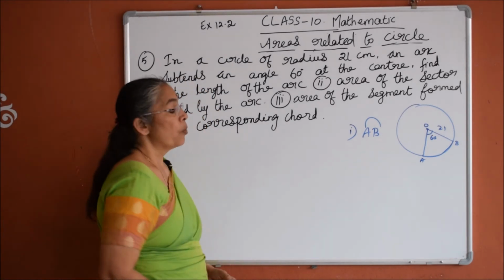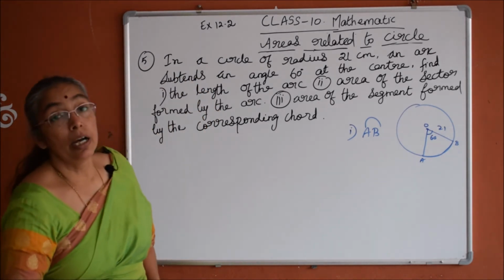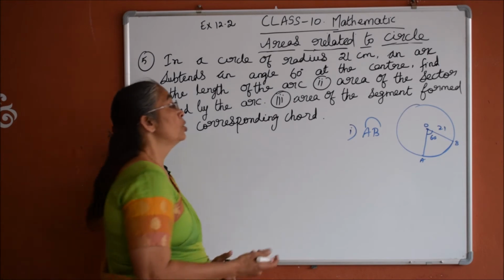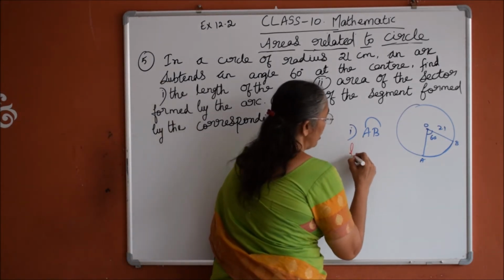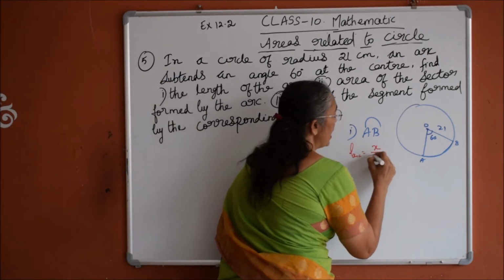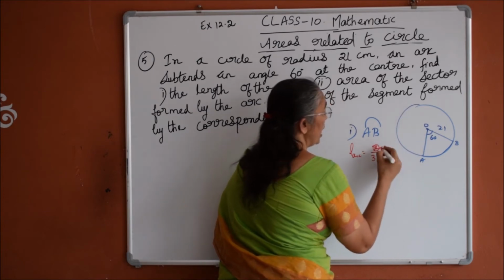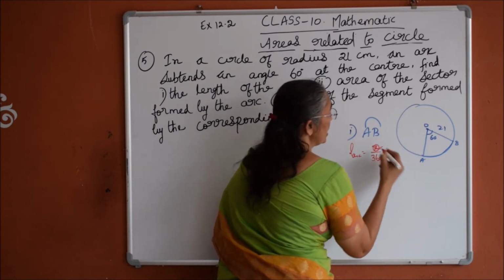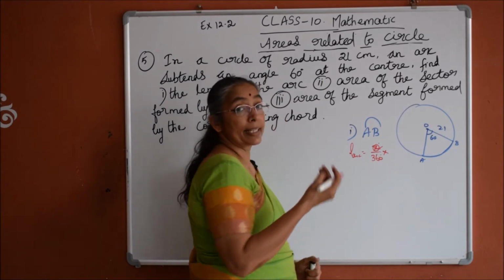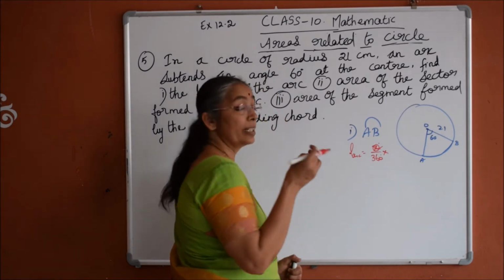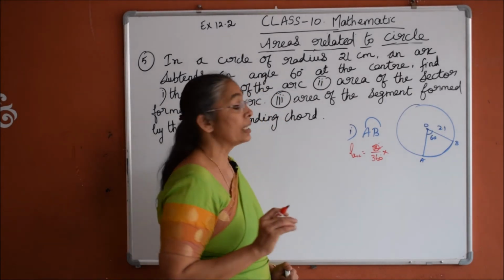Now, first, what is the length of the arc formula? Theta by 360 of 2 pi r, where theta is the angle subtended by the arc at the center.